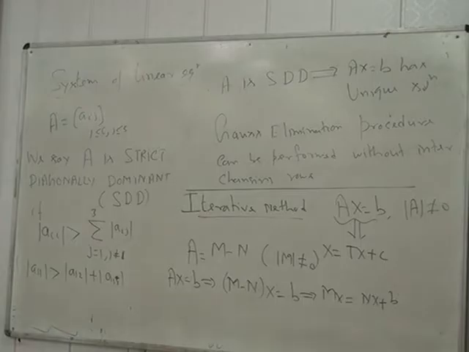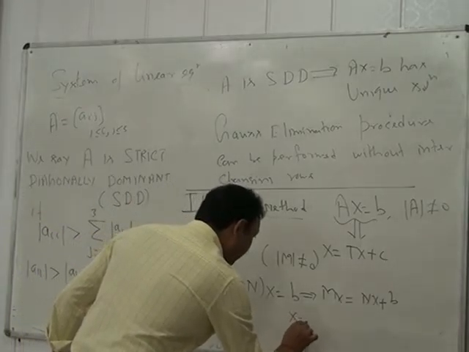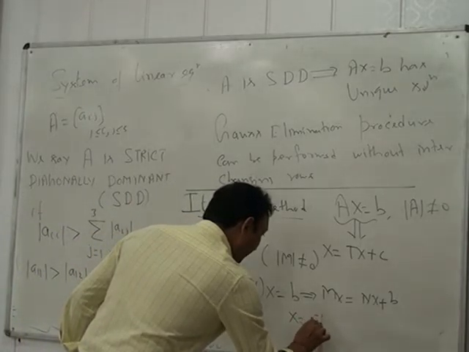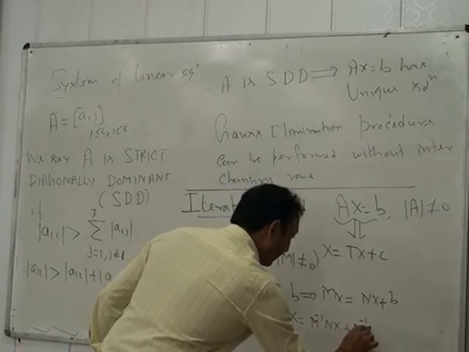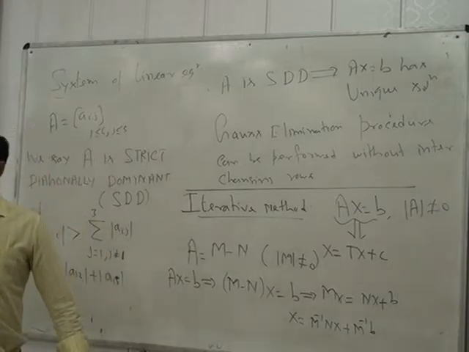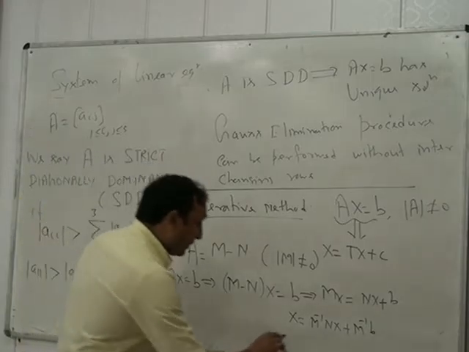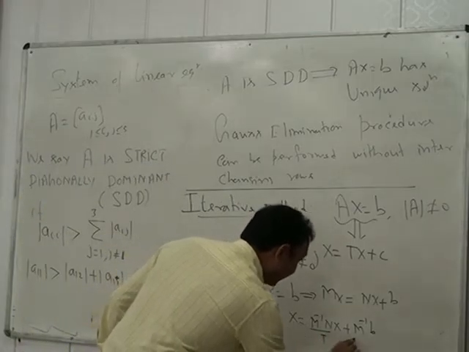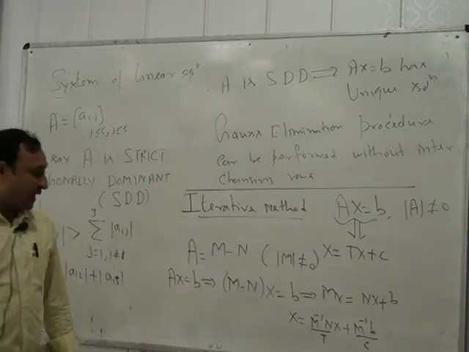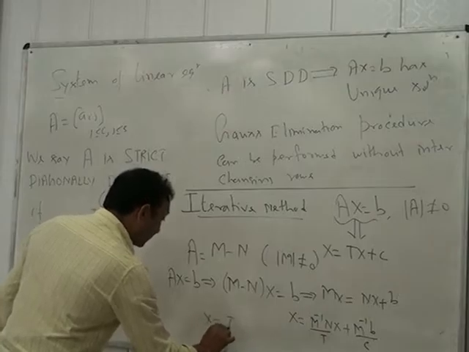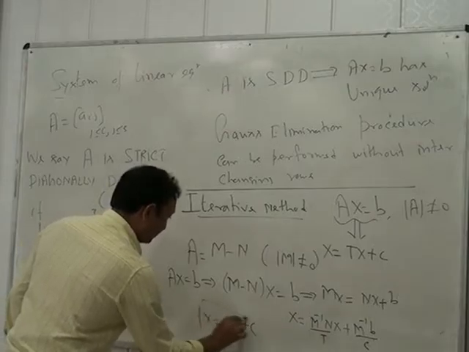So I can rewrite this as x equal to M inverse N x plus M inverse B. This is my new matrix T, and this is my new vector C. So I can write this as x equal to Tx plus C.